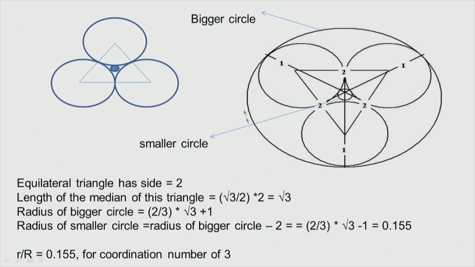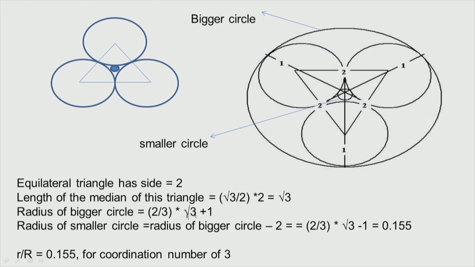The radius of the bigger circle is equal to this length plus this length. This length is 1. Now what is this length? It is 66%, or 2/3, of this median, 2/3 of square root of 3, plus this one. Do you understand? So what is the radius of this bigger circle? It is made up of this length plus this radius. This radius we will call 1. Now this radius is 2/3 of the median of this triangle.